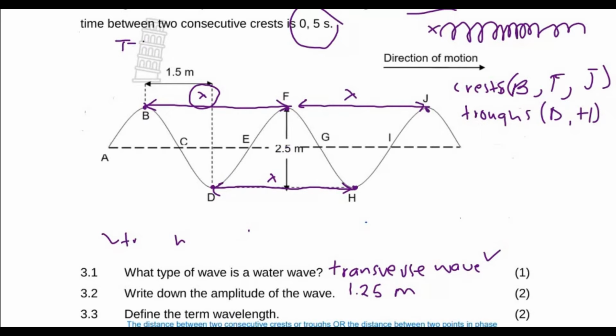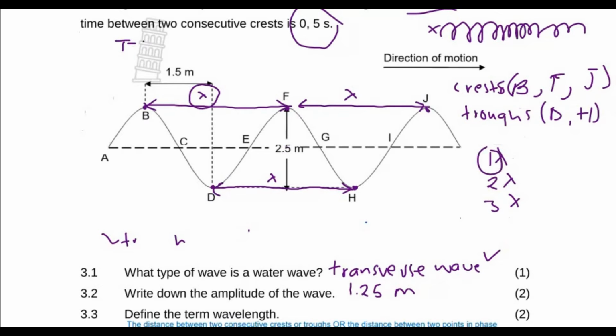Additionally, we also said that the wavelength can be defined as the distance between 2 points on a wave that are in phase. And two points are in phase, it means that they are separated by a whole number multiple or an integer multiple of wavelength. So if you have 2 points on a wave and you say the distance between these 2 points is either 1 times the wavelength, or 2 times the wavelength, or 3 times the wavelength.